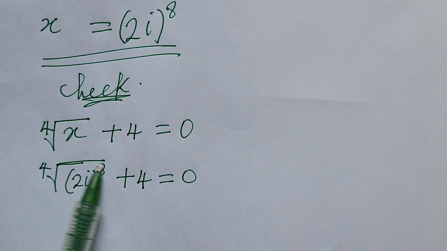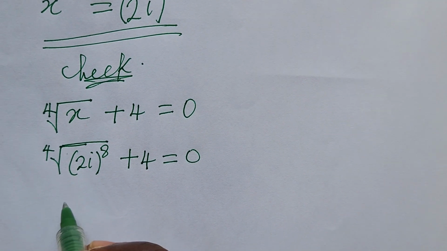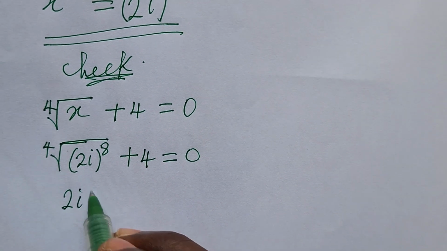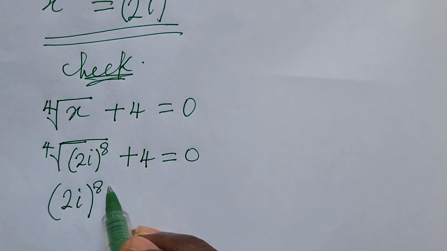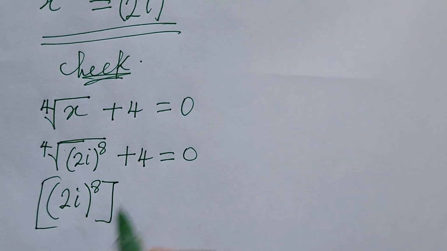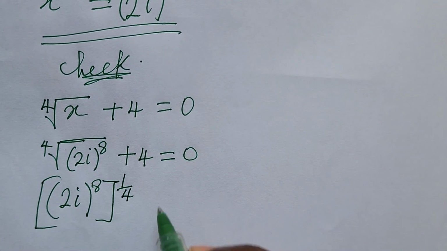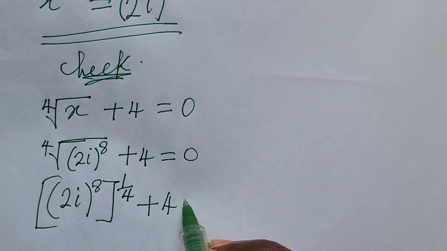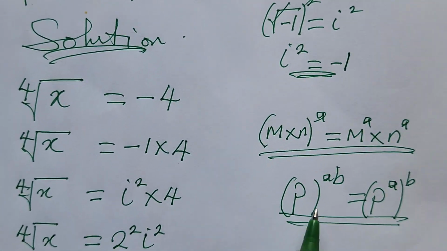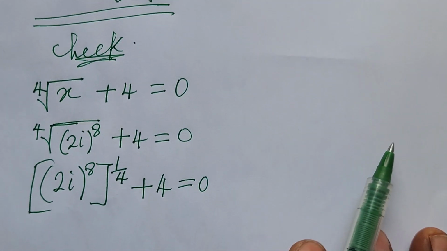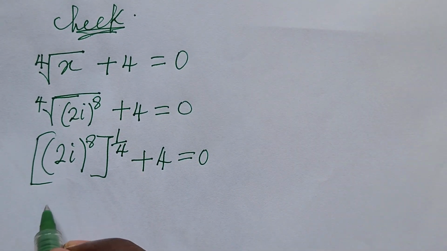Look carefully here. Again, we can rewrite this. This gives us (2i) all to the power of 8, all raised to the power of 1 over 4, plus 4 equal to 0. According to this law, we can multiply the powers.